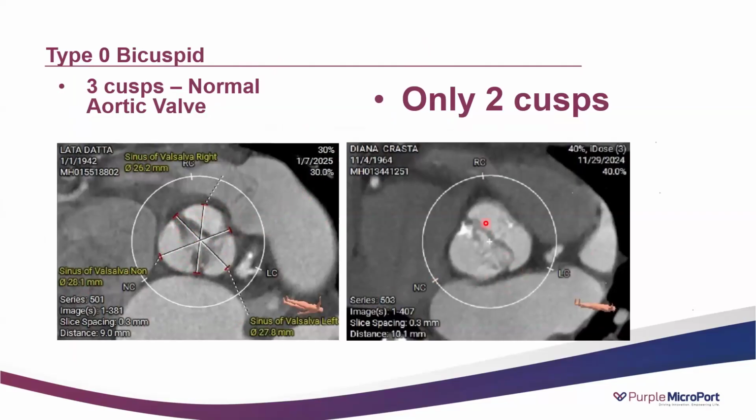Yes. And here you have only 2 cusps. So this is a type 0 bicuspid. This is one cusp, this is the second cusp. The third cusp is missing in this. So that's why I have put both of these, to understand type 0 bicuspid. Type 0 bicuspid is exactly how it will look in the CT and your 3mensio. And here you can easily differentiate the 3 cusps.